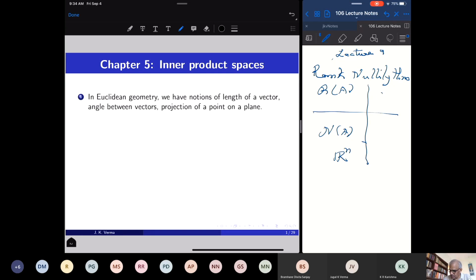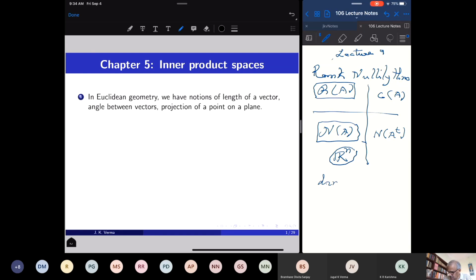The column space of the matrix lives in the codomain, and the left null space, which is really the null space of A transpose. We showed that the dimension of the row space, which is called the rank of the matrix, and the dimension of the null space, which is called the nullity, add up to the dimension of the whole space in which they live.